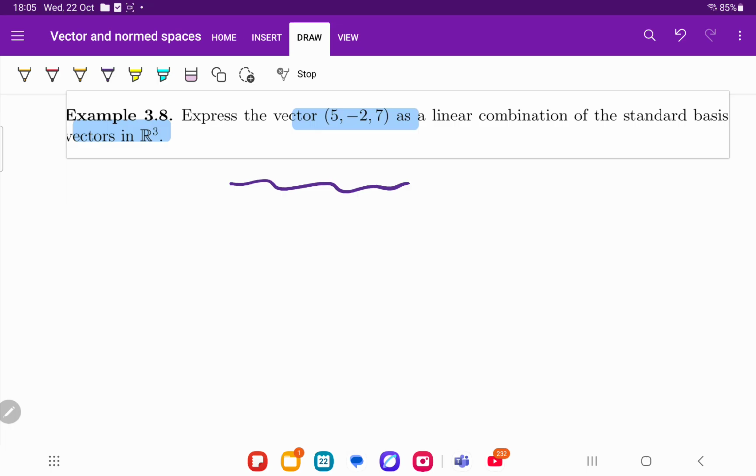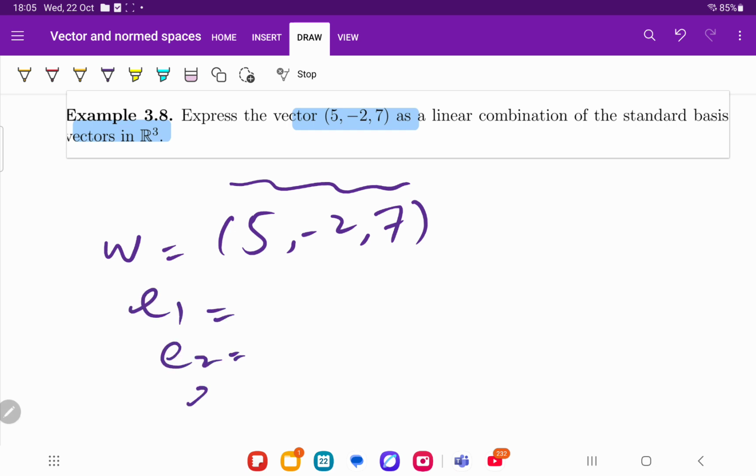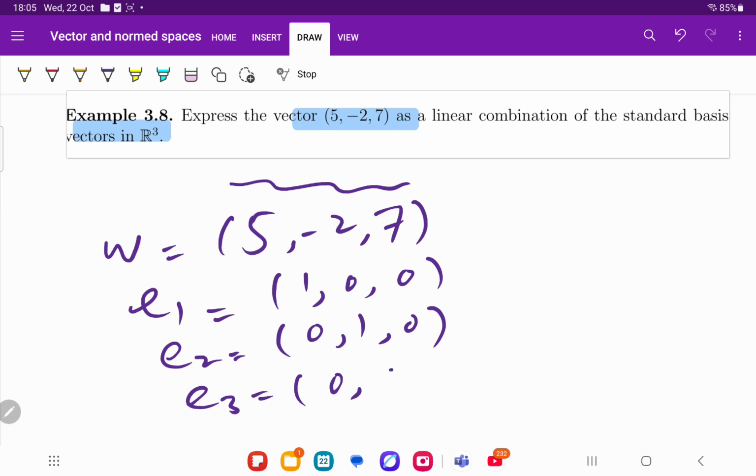Let's call the vector w, equal to 5, minus 2, 7, as a linear combination of the standard basis vectors. We call the standard basis vectors e1, e2, e3. The standard basis vectors in R3 will be 1, 0, 0; 0, 1, 0; and 0, 0, 1. So these are the standard basis vectors in R3.